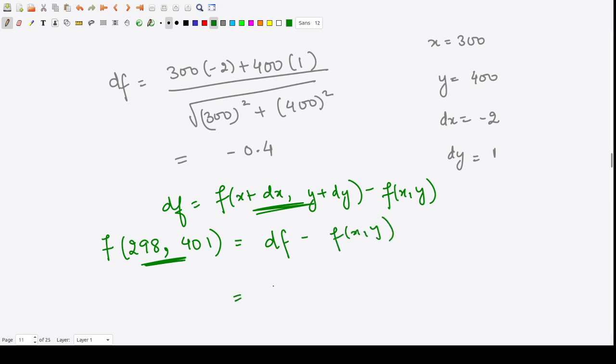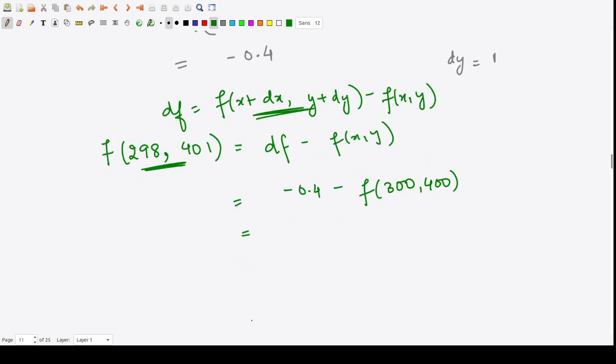Here df is minus 0.4, and f of x comma y is the function's value evaluated at the point 300 and 400. So here it should be plus, right?